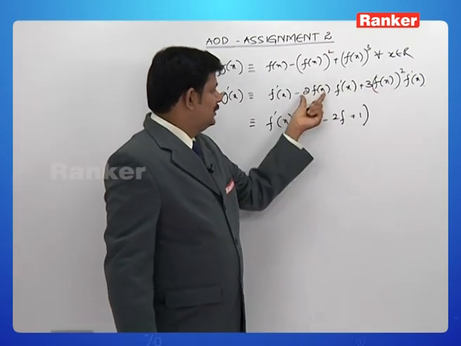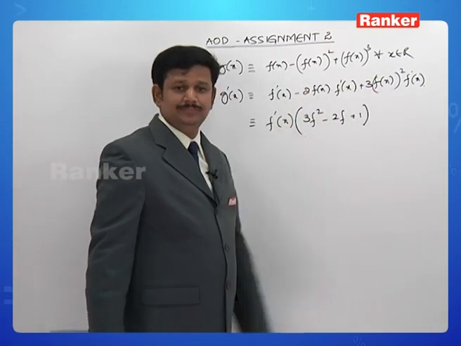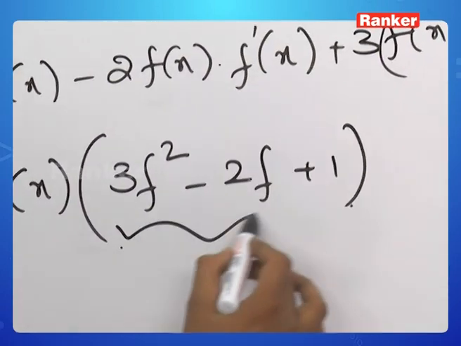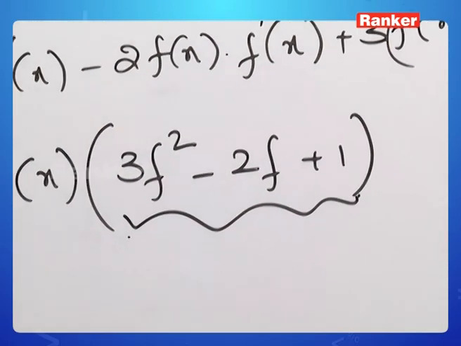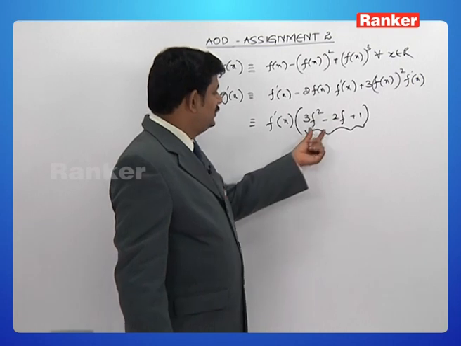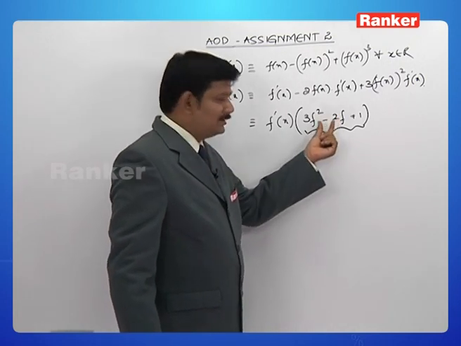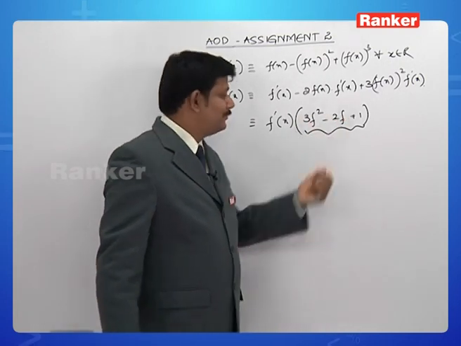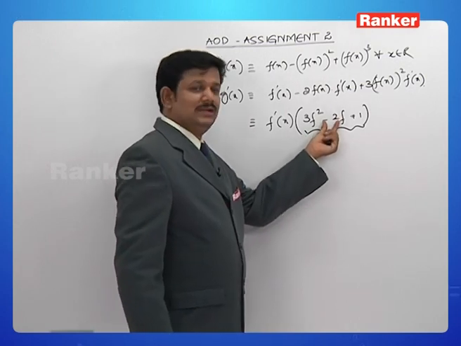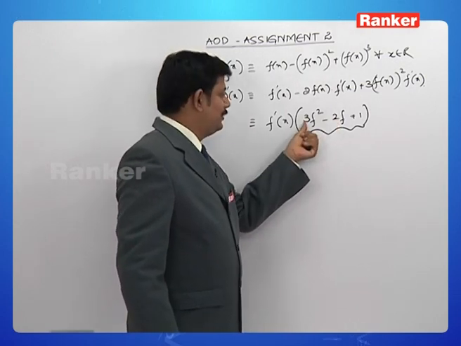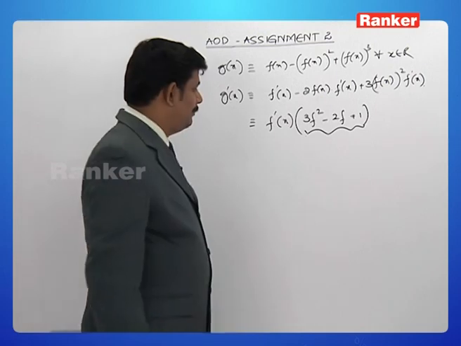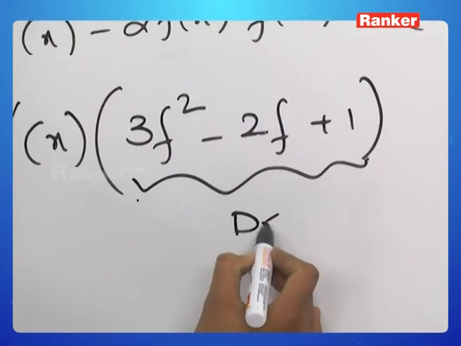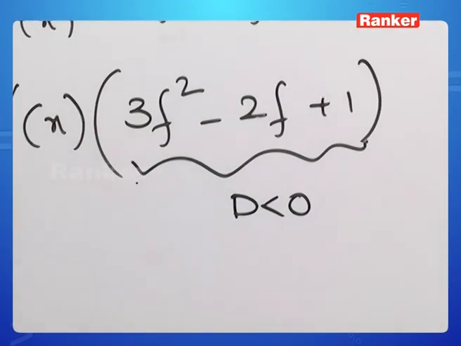3 f of x whole square minus 2 f of x plus 1. Now we can observe f of x is real for all x belonging to real, and this is a quadratic in terms of f of x, and the discriminant of this quadratic is negative. B square is 4, minus 4ac is minus 12, minus 8, discriminant is negative.